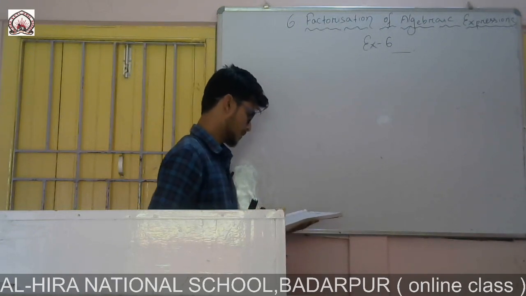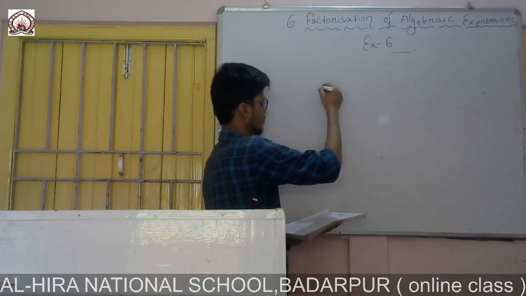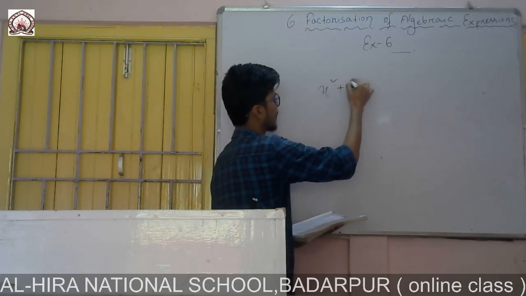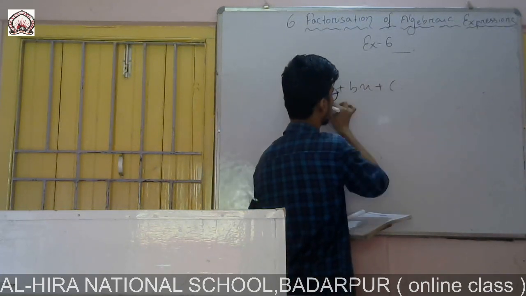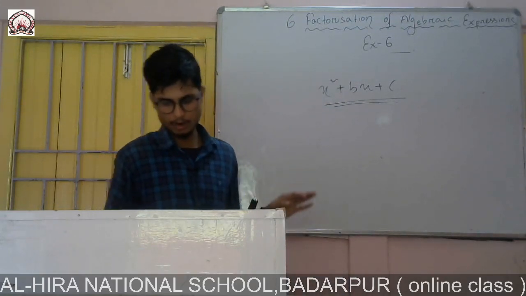In this exercise we will factorize the trinomials of the form x squared plus bx plus c. All the trinomials will be in this form. So I will show how to solve.